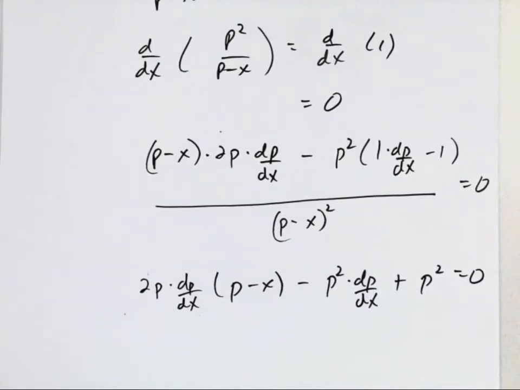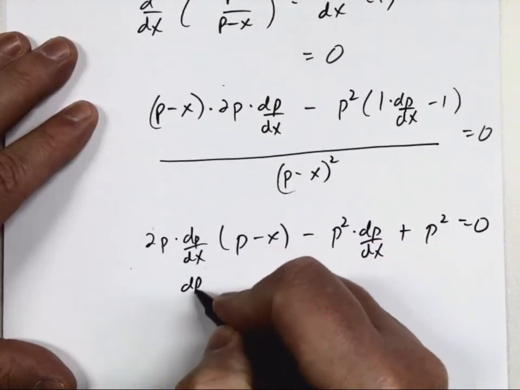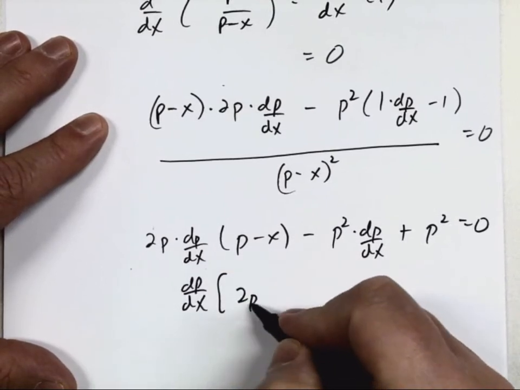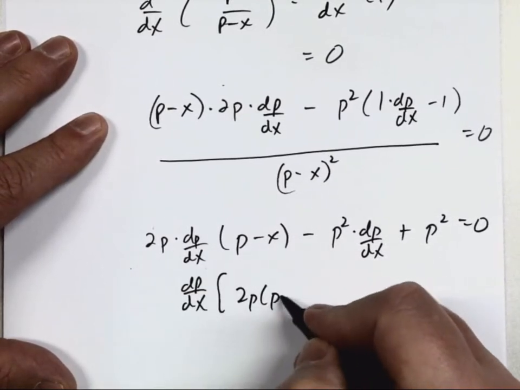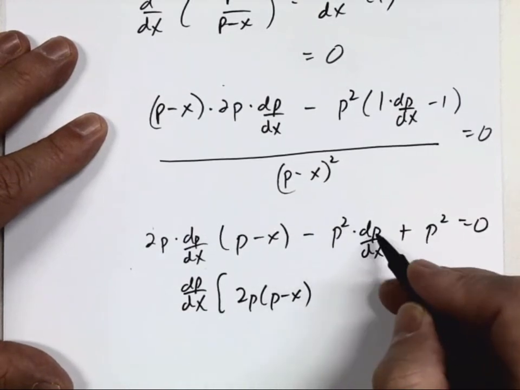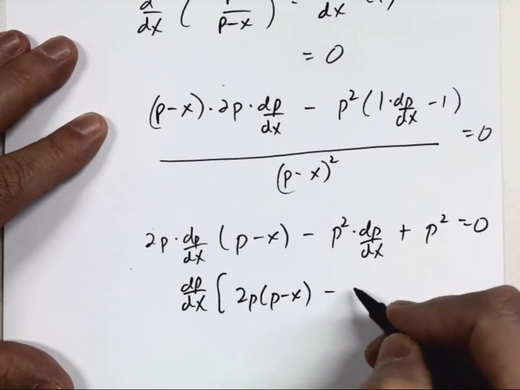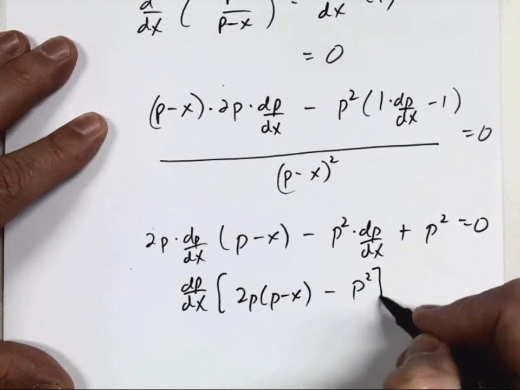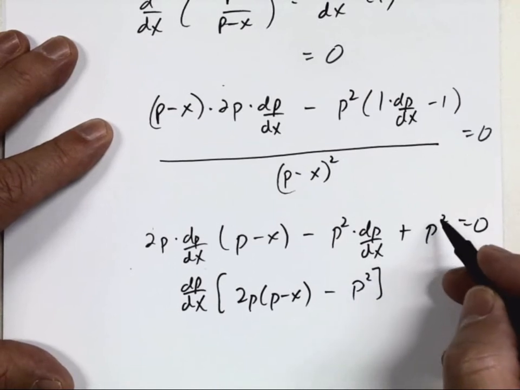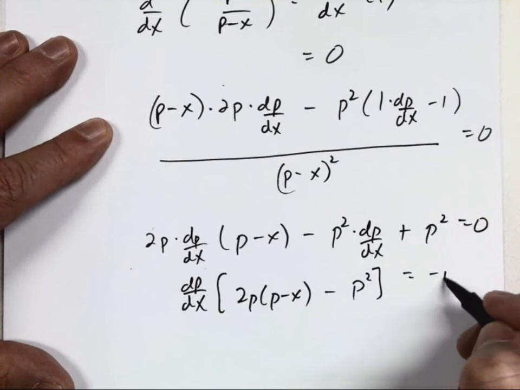What I'm going to do is I'm going to factor out this dp dx. In the first term I get 2p times p minus x. Then if I factor out the dp dx here, and while I'm at it, let's go ahead and I'll just subtract that from both sides.